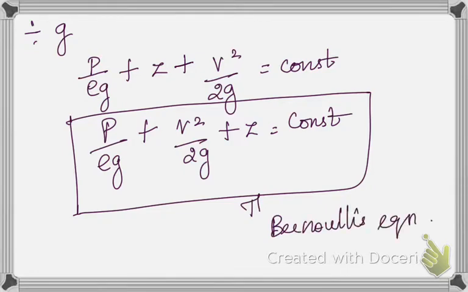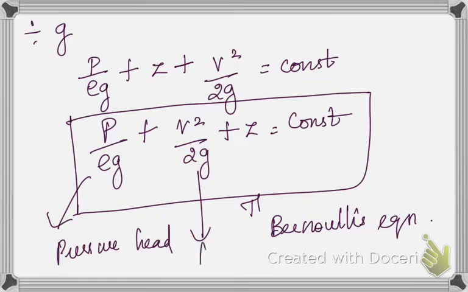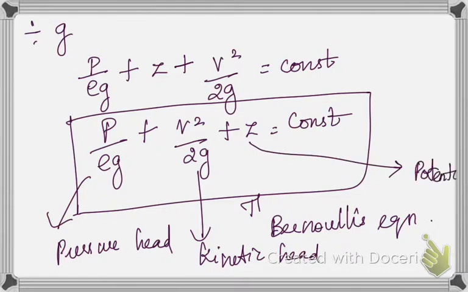This p by rho g is called pressure energy per unit weight or pressure head, v squared by 2g is called kinetic head, and z is called potential head.